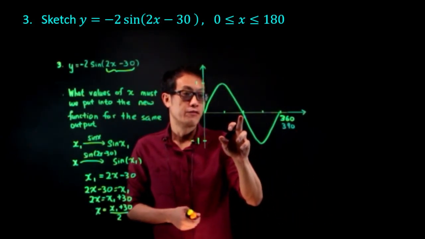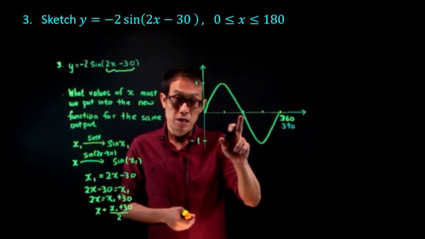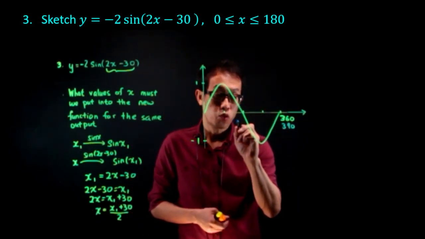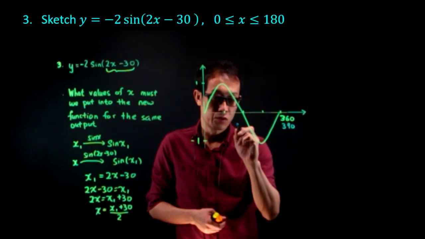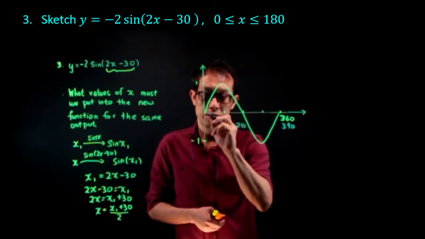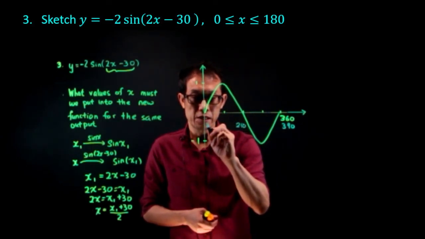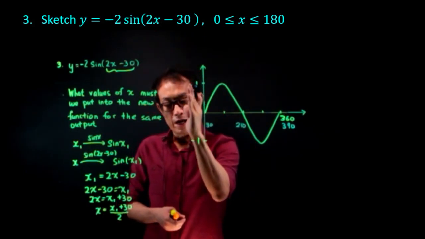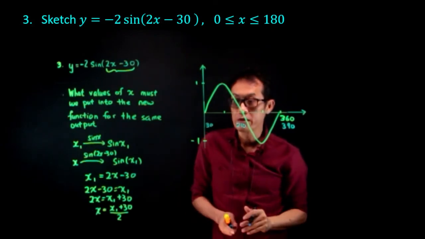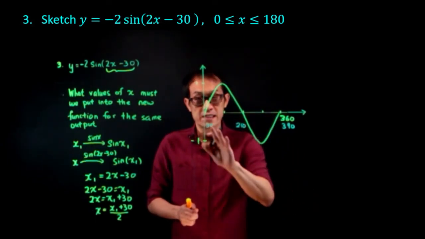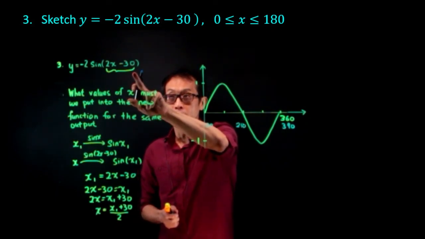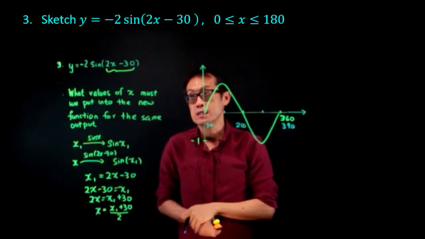Now this was 180, so 180 plus 30, this will be 210. This instead of 0 will be 30. All right, so the y-axis is actually shifted to the left, but I put it like that as it is now. Now we have finished doing the minus 30.